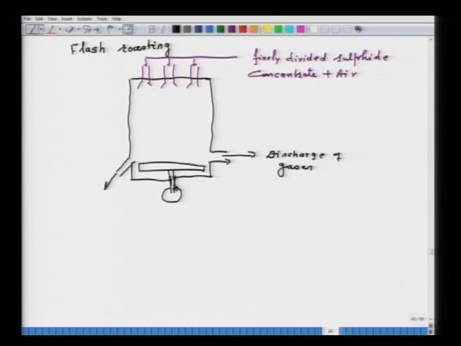Here the roast product is out, and this is in fact the combustion chamber. And this rotates to make the easy discharge of the roast product.